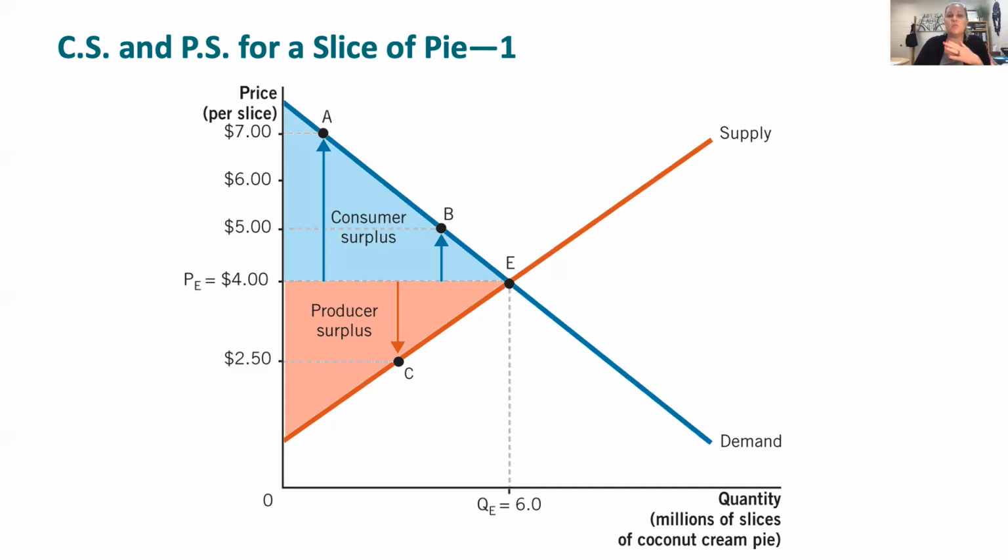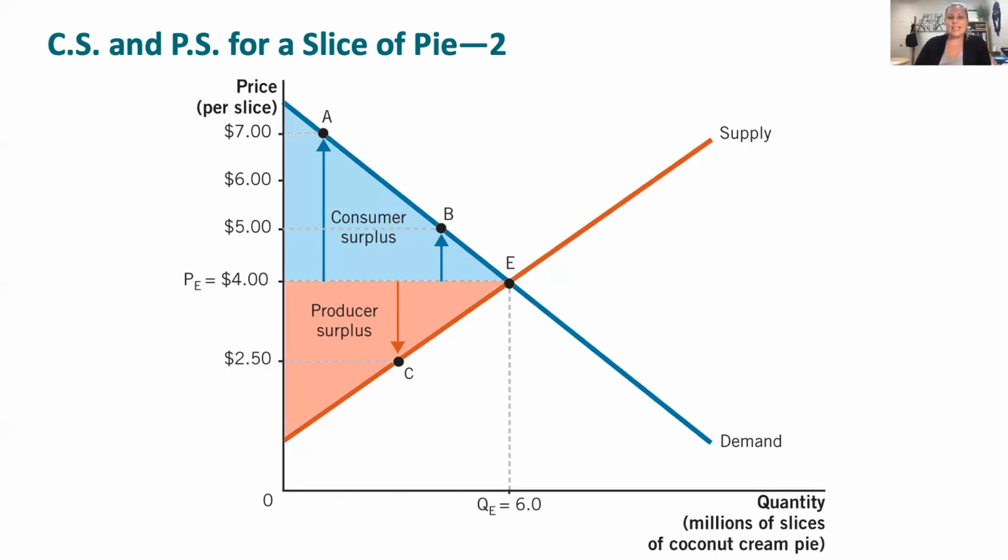Collectively, all of them will result in a producer surplus represented here by the area of this triangle, 1/2 the base times the height. The height of this triangle represents the difference between the lowest willingness to accept or sell and the true price of a slice of coconut pie. The width of the triangle is the number of transactions, the equilibrium quantity in this market.